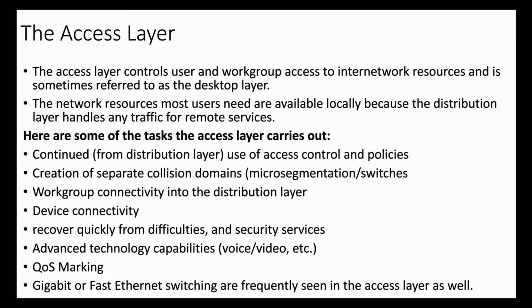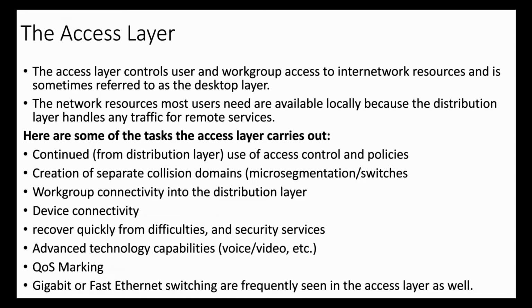Continued from the distribution layer, use of access control lists. If you configured an access control list in the distribution layer, it will get the request from the distribution layer. Creation of separate collision domains and micromanagement in switches. Obviously, collision domains and micromanagement are done in the access layer. Workgroup connectivity into the distribution layer is also done in the access layer.